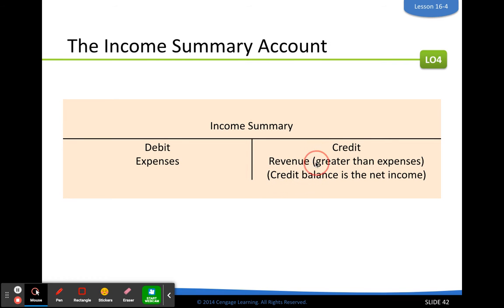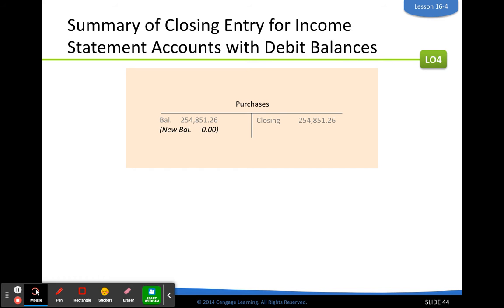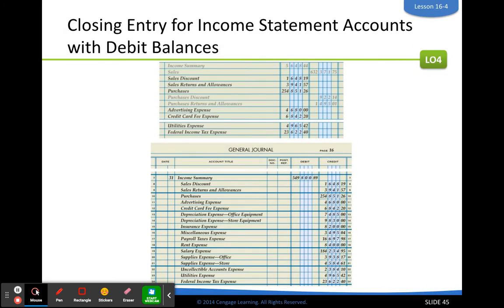So we need a credit income summary for 2 of our transactions and debit income summary when we close out our expenses, which is our next transaction. So we have all these accounts with a debit balance. We've got our date.